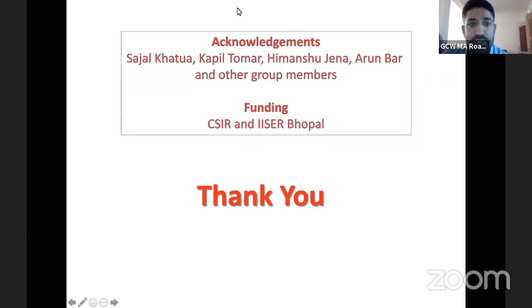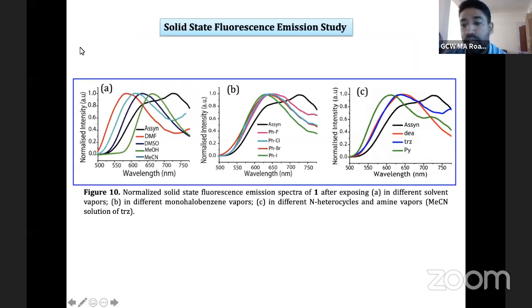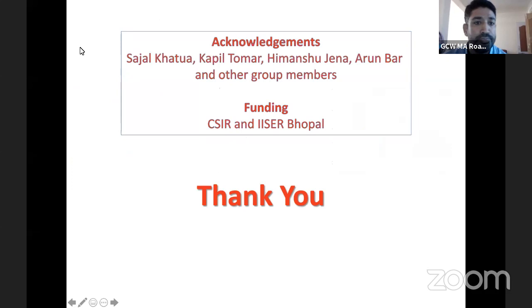The second question is regarding proton conduction: what will happen to the proton conduction if the temperature is low? Generally, we study room temperature and above.